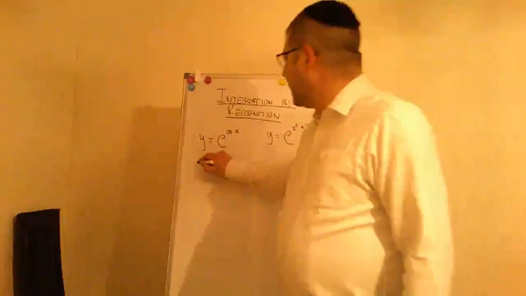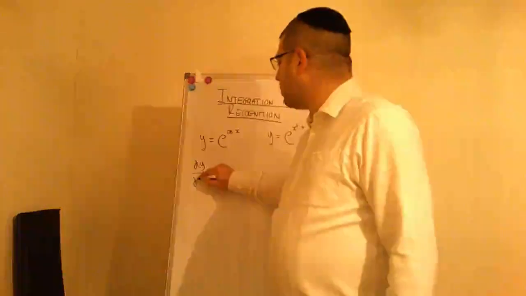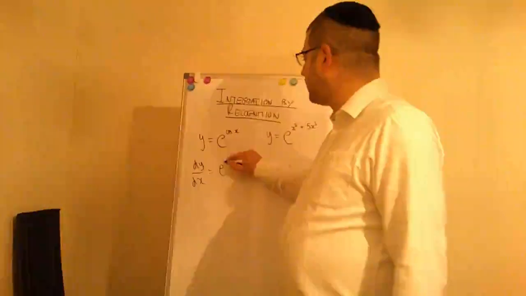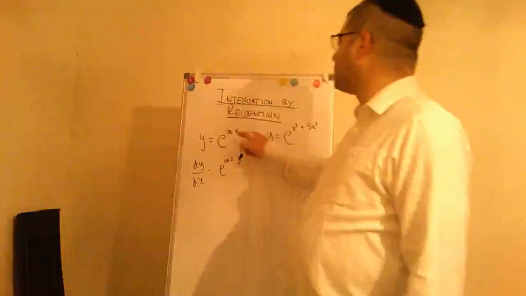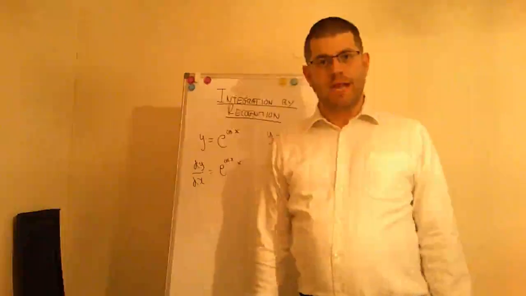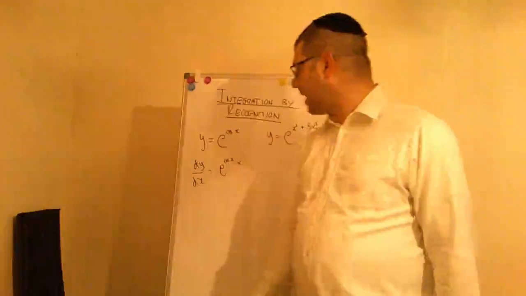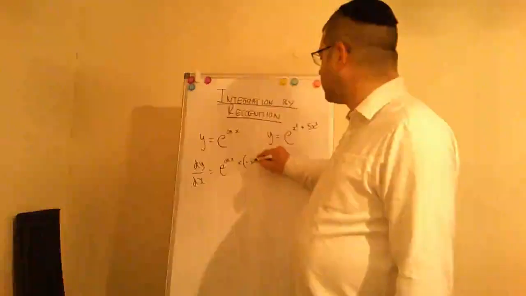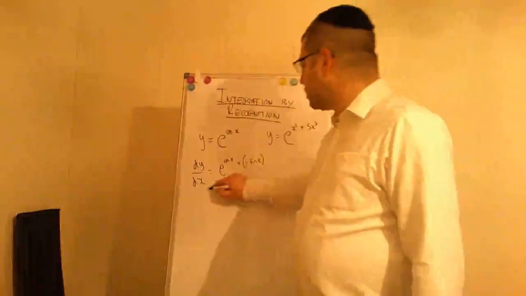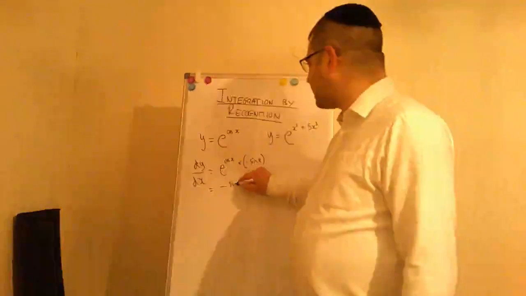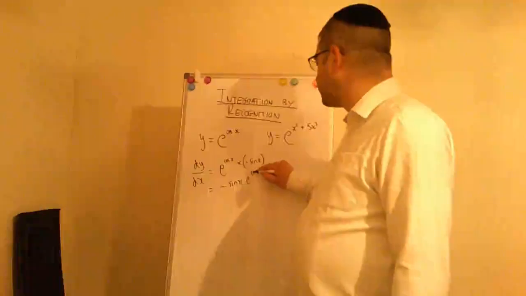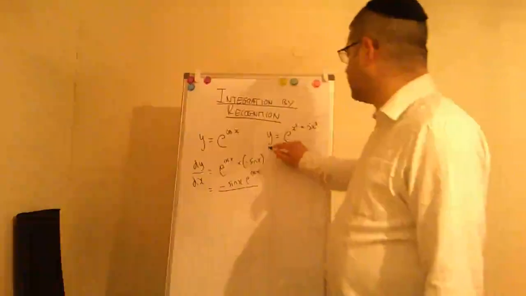So, e to a function we know differentiates to itself, but you have to multiply by the inner derivative, the derivative of cos x in this case, which is minus sine x, and it's always neater to put that out in the front. So we have minus sine x e to the cos x.